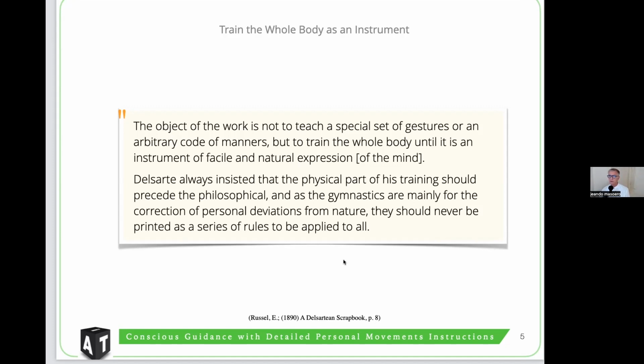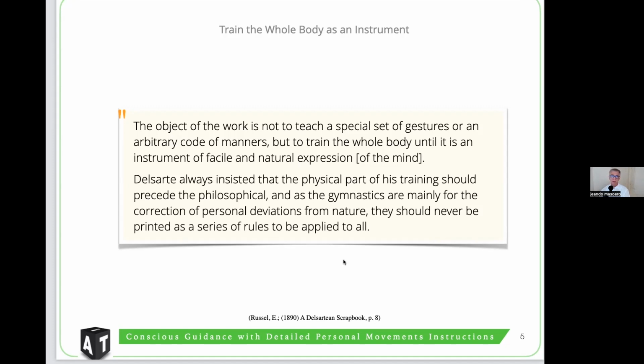Where the point is interesting is that the Delsarte system looked at the limitations of movements in the actor's presence, in the actor's way of sitting, standing, moving, walking, etc. And the point of the Delsarte system is that it was to correct defects and limitations of movements.